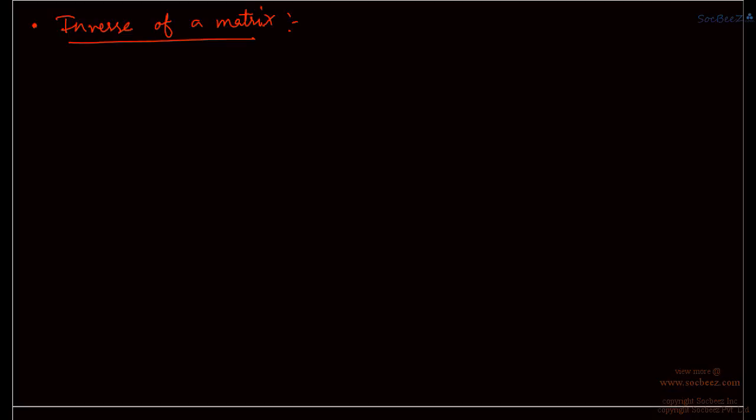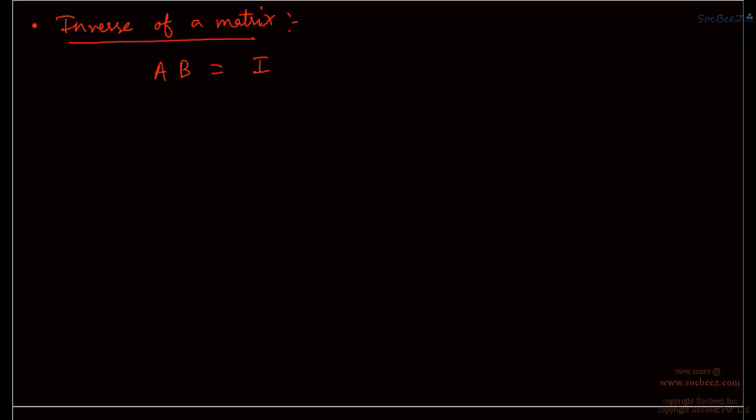Now, suppose we have a square matrix A, and we somehow find another matrix B such that A into B actually gives us I. Right?